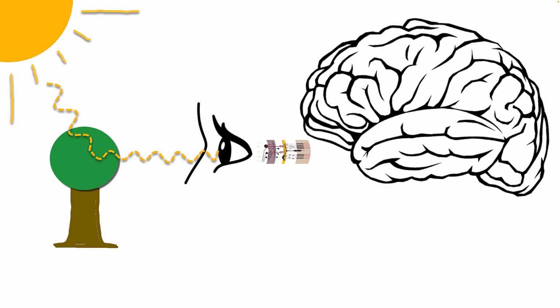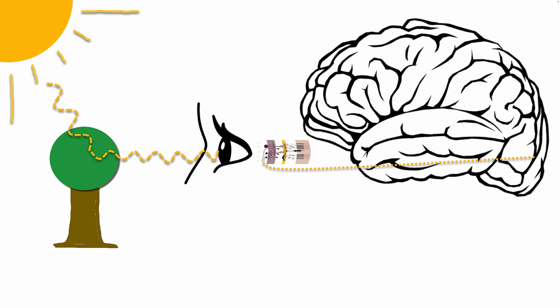We have cells in the back of each eye that translate the light into a neural code that the brain can understand. And to be clear, these cells in the back of the eye, collectively called the retina, are considered part of the brain. However, much of the visual process occurs in the main part of the brain.